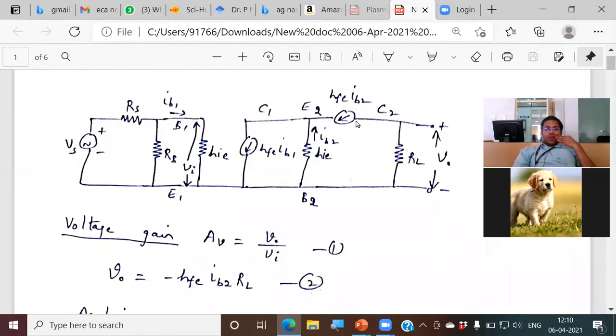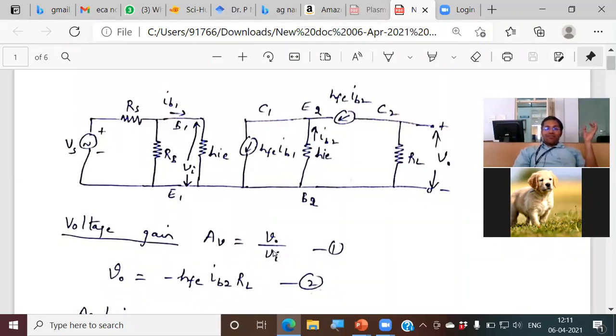See, if current in this direction is HFE IB2, reverse direction current will be minus HFE IB2. So the current through RL in downward direction is minus HFE IB2, and the voltage will be minus HFE IB2 into RL, Ohm's law. This is the expression for V0.